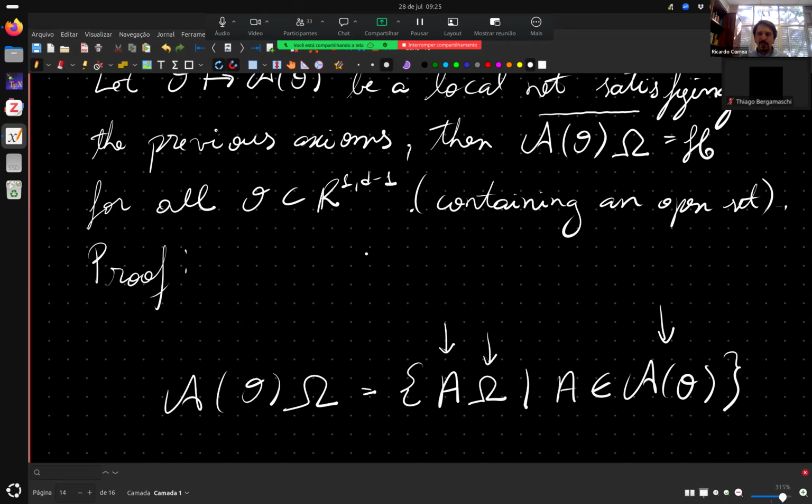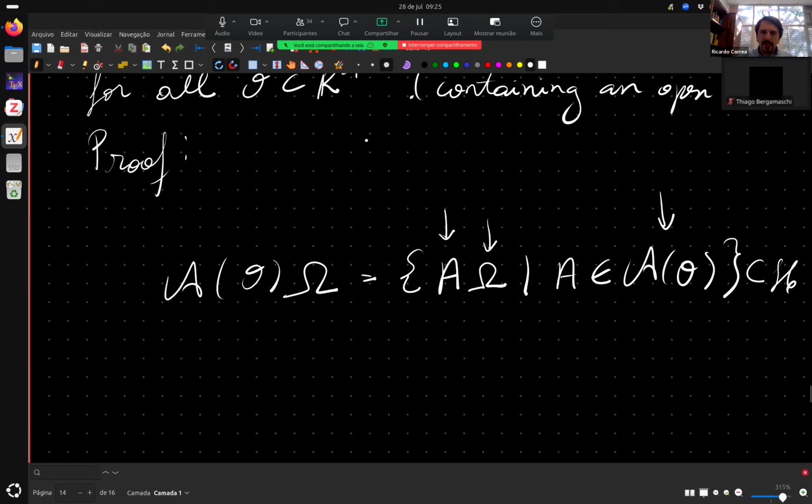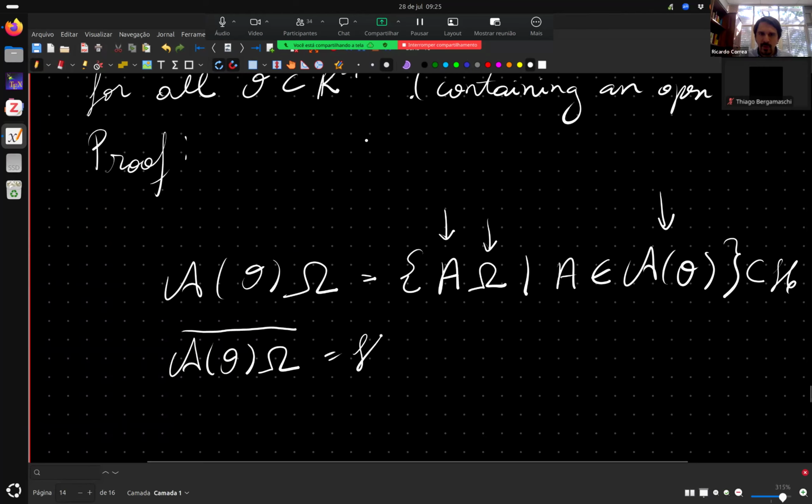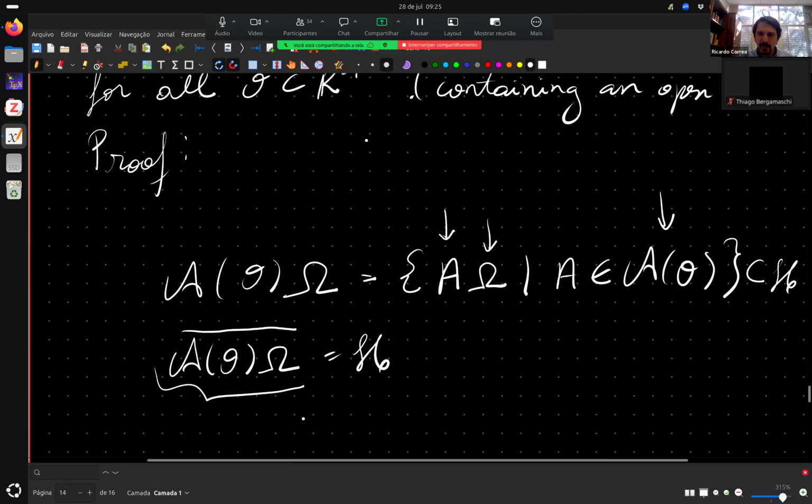But if you act with this operator that comes from the algebra of things that I can locally observe in O, this gives me a subset of my Hilbert space. And what I'm claiming is that this set is dense. If you take the closure of this set, it's the whole Hilbert space. That means that any vector in my Hilbert space can be approximated by vectors of this type, by local observables or local operators, let's say, acting on the vacuum.